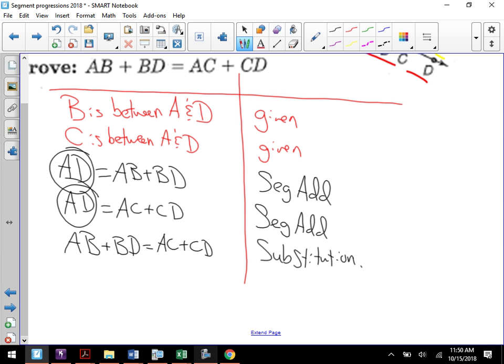Putting in something for something else, or when two things equal the same thing. Get that? I think we have that on our, what do you call it, reason bank, correct? What substitution was? I hope so. So if it's not on there, make sure you have your substitution, what it looks like.